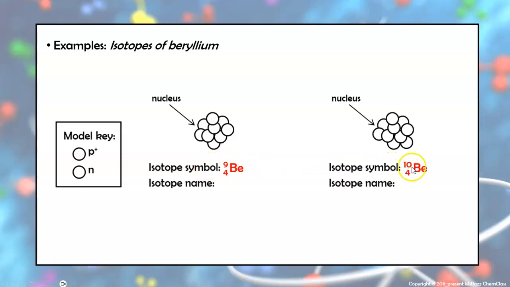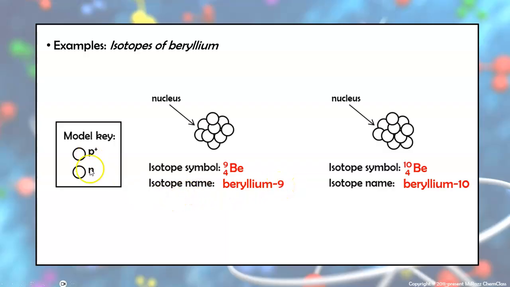Remember that top number, 10 and 9, is the mass number, whereas the 4 is the same for both because that's the atomic number, which means it's also the number of protons. The chemical symbol is the symbol of the element, which is beryllium. To get the name, it's just the element's name and then the mass number.